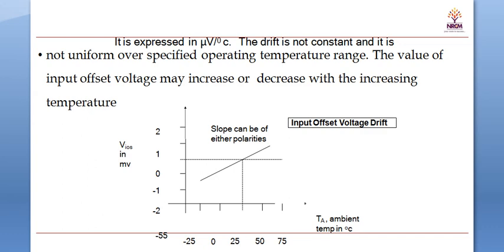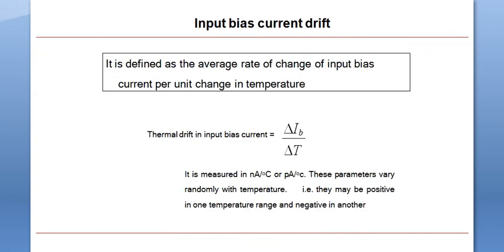The next drift is input bias current drift. It is defined as the average rate of change of input bias current per unit change in temperature. It is measured in nanoampere per degree centigrade or picoampere per degree centigrade. These parameters vary randomly with temperature, and they may be positive in one temperature range and negative in another temperature range.